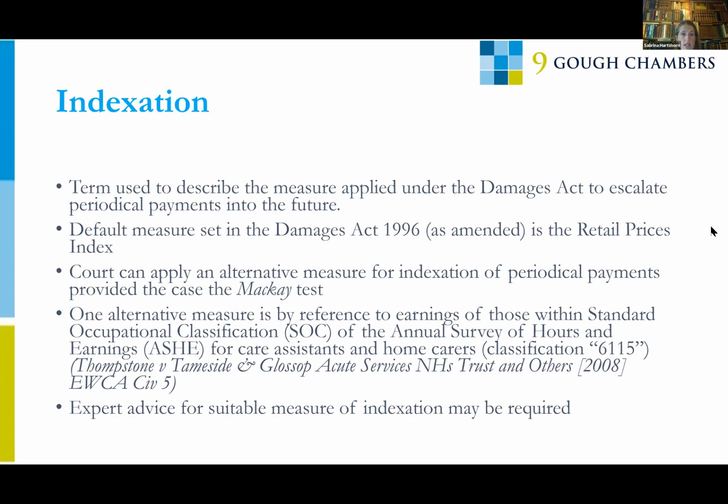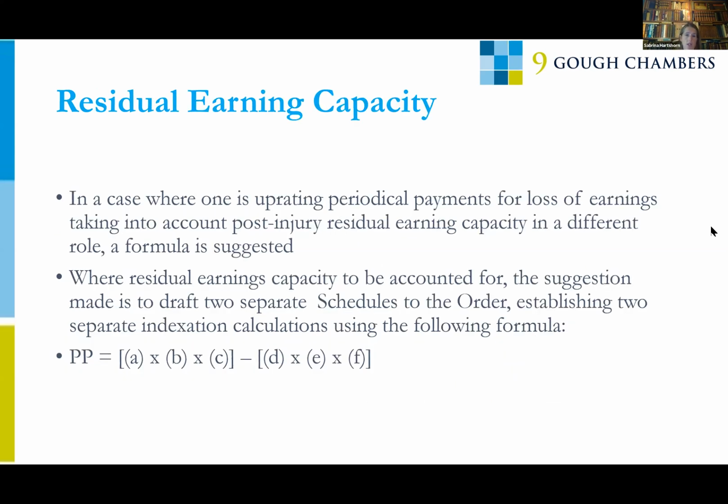There we have it. It then goes on to residual earning capacity, and essentially what Section E does is, in a case where you're uprating your periodical payments for loss of earnings to take into account post-injury residual earning capacity in a different role, they suggest a formula.